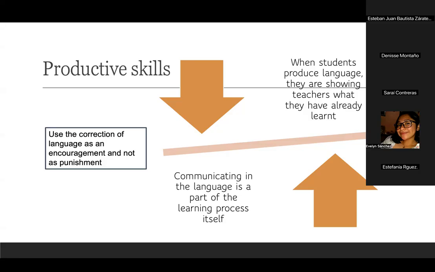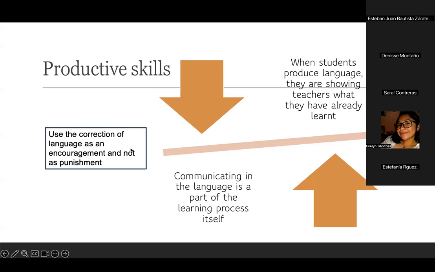later you will provide general feedback of what were the mistakes you identified. Obviously, the general feedback will encourage students to pay attention, and they are not going to be exposed like you did this mistake, you made that mistake. No, you are just giving general suggestions of how your students can improve that speaking production.